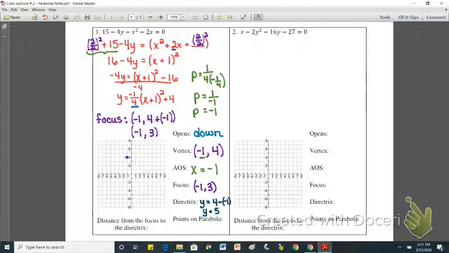So my focus is the point -1, 3. I'm going to go ahead and graph my directrix. Your directrix is going to be a dotted line. So it is the line y equals 5.